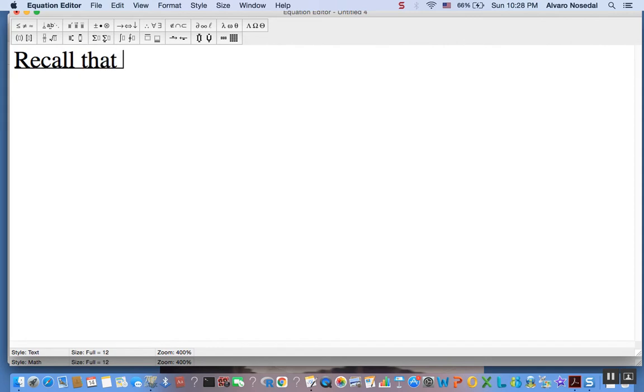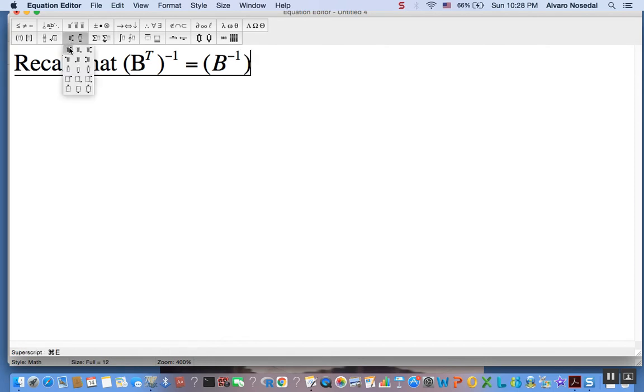Recall that if you have a matrix B and you compute its transpose, and then you want to find the inverse of this, then that's the same as B inverse transpose. Okay? Make sense?